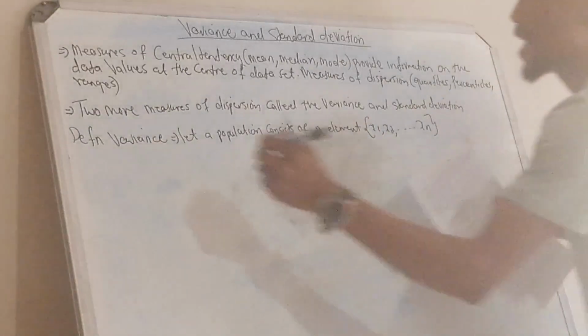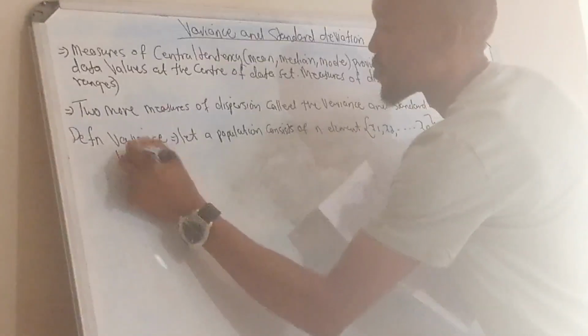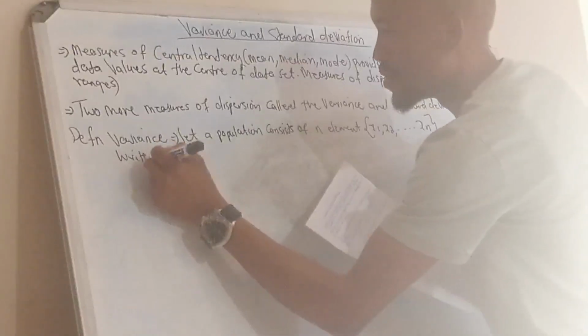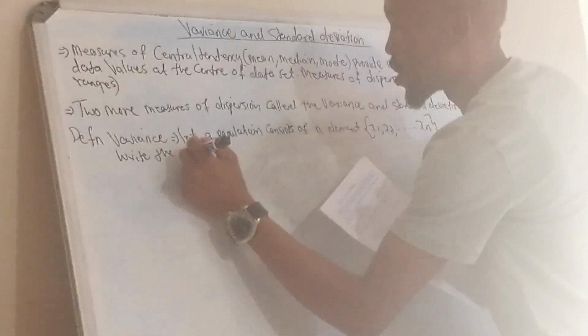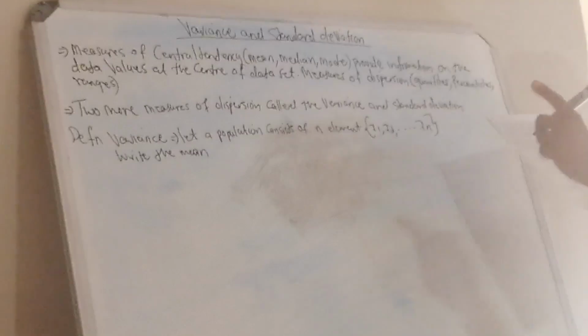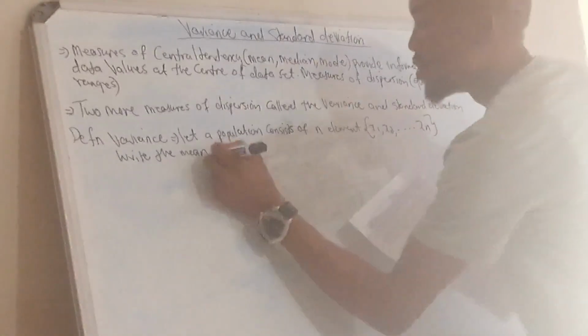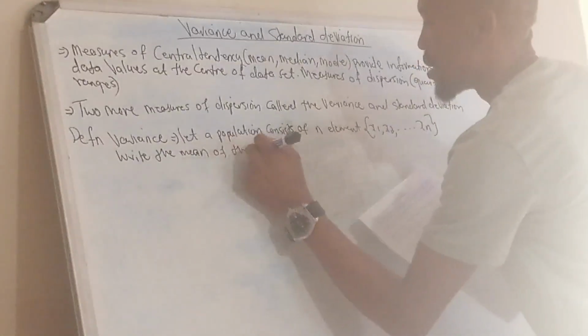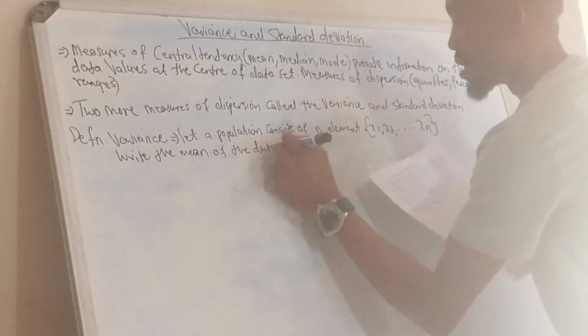So we write the mean. The first thing you will need whenever you calculate the variance is the mean of that data. We write the mean of the data as this.